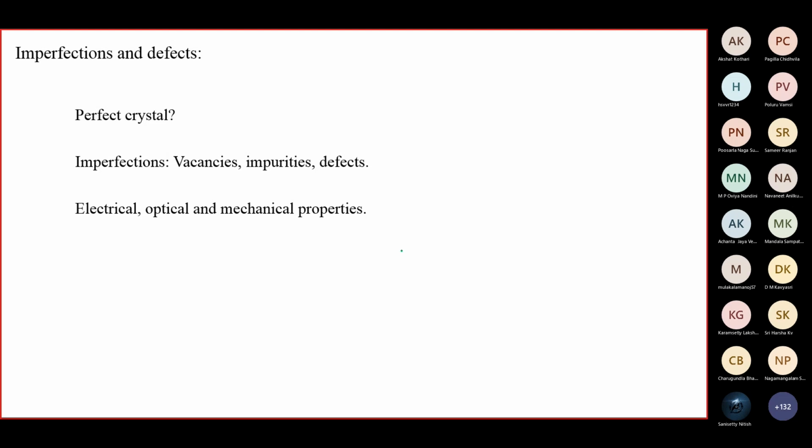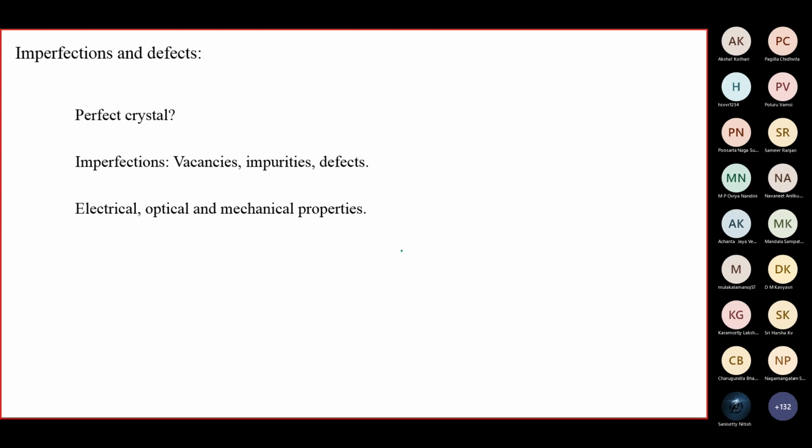We define crystals as regularly, periodically, and repetitively arranged atoms or molecules. We use so many terms here: regular, periodic, repetitive. The basic property of these crystals is that every lattice point is a geometrical point, which is ideal in nature.